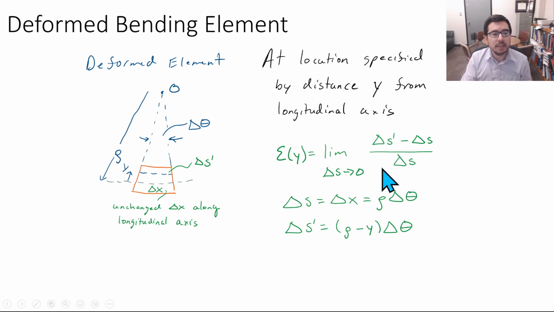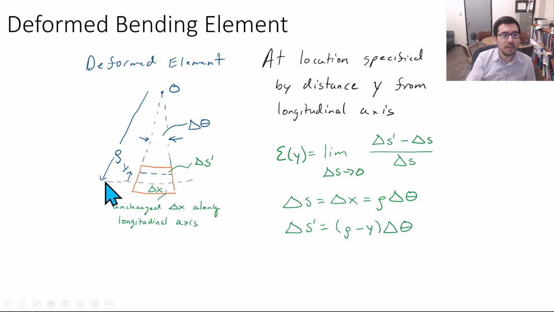These deltas, I should be careful. When I was saying delta, I was saying it was like a change, but really we're using it here to say it's a small portion of the beam. So delta s prime minus delta s, divided by delta s. Delta s we said was equal to delta x. We can define delta x as being rho times delta theta.